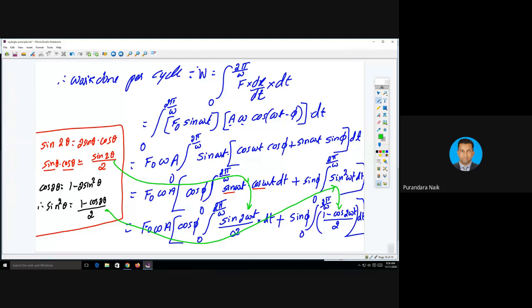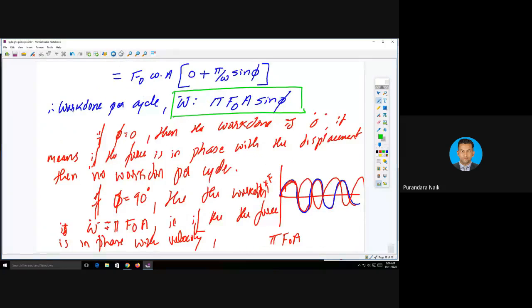Please copy it. The work done equation is also a very, very important question.